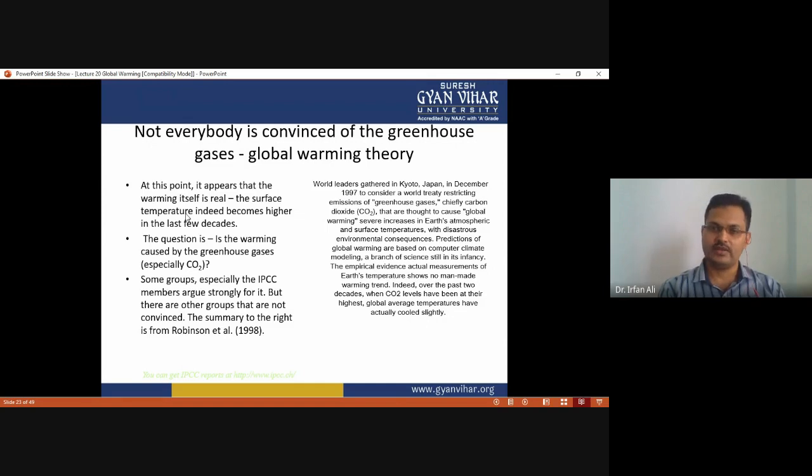Predictions of global warming are based on computer climate modeling, and that branch of science is still in its infancy, and empirical evidence, actual measurement of earth temperature, shows no man-made warming trend. Indeed, over the past 2 decades, when carbon dioxide levels have been at their highest, the global average temperature has actually cooled slightly, which gives another controversy among the scientists.